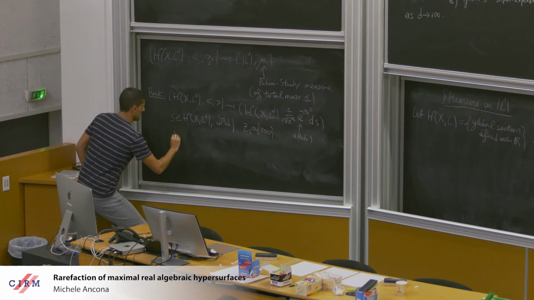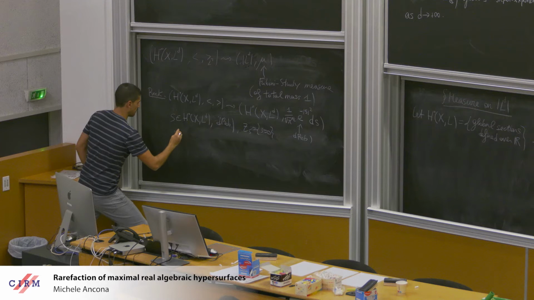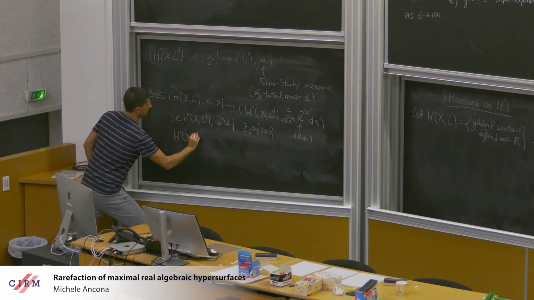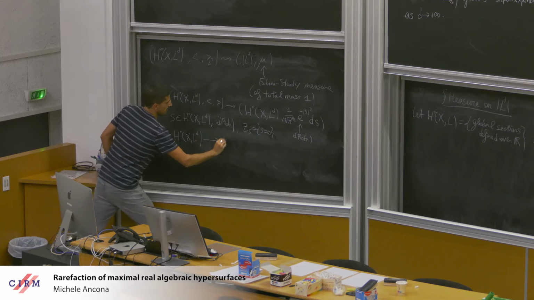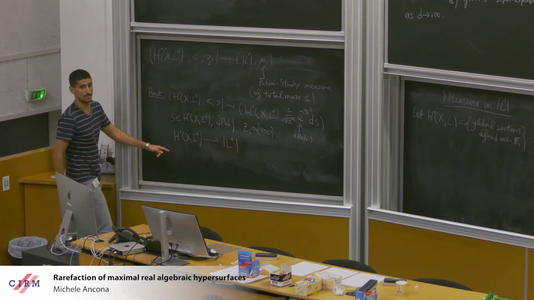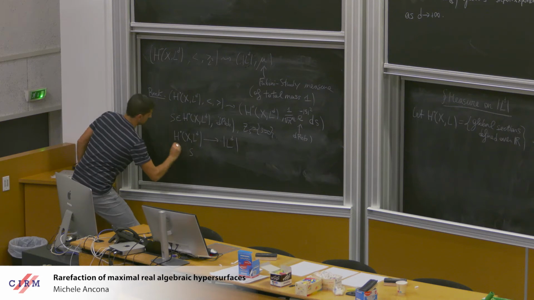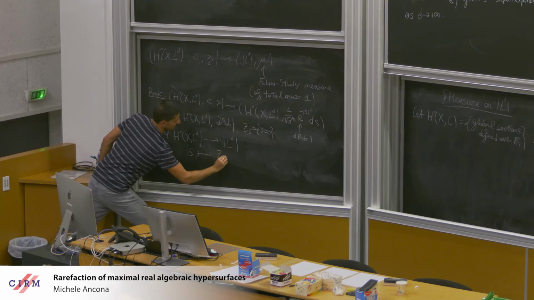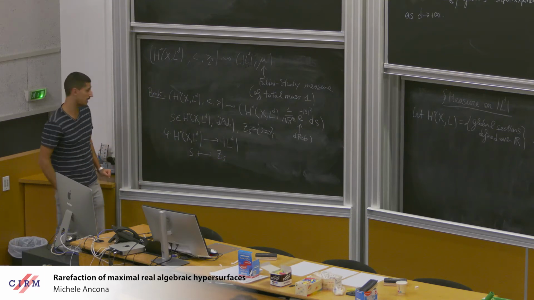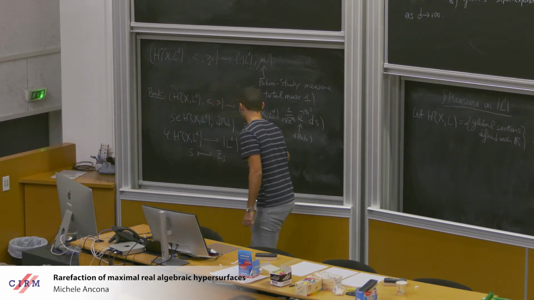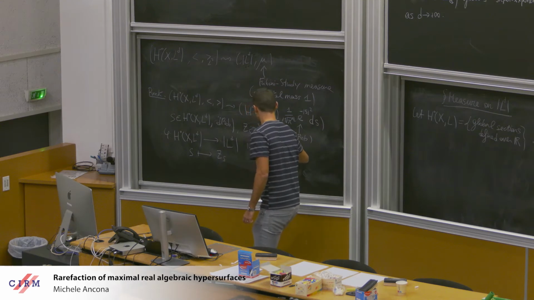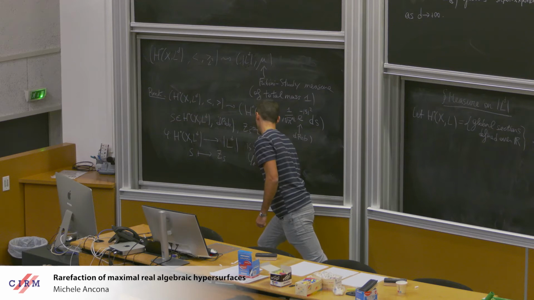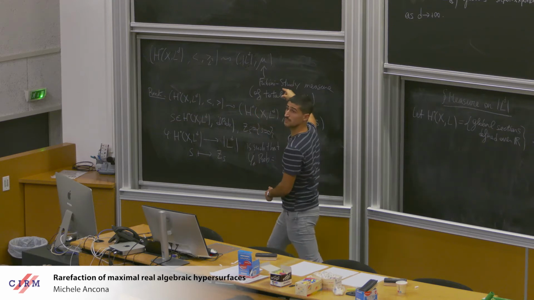So what I'm saying is that the map that to any section associates its zero locus is such that the push forward of the Gaussian measure equals the Fubini-Study measure.